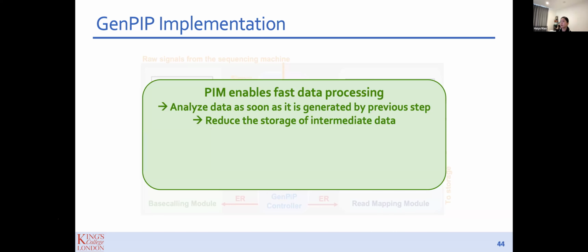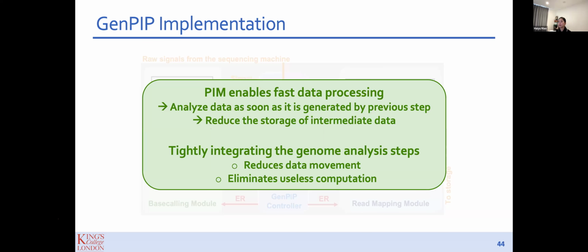And PIM enables fast data processing so that we can analyze the data as soon as it is generated by the previous steps and reduce the storage of intermediate data. Because if we process the data when it's generated, we don't need to go through the memory hierarchy, right? And also, tightly integrating the genome analysis steps reduces the data movement and eliminates useless computation.